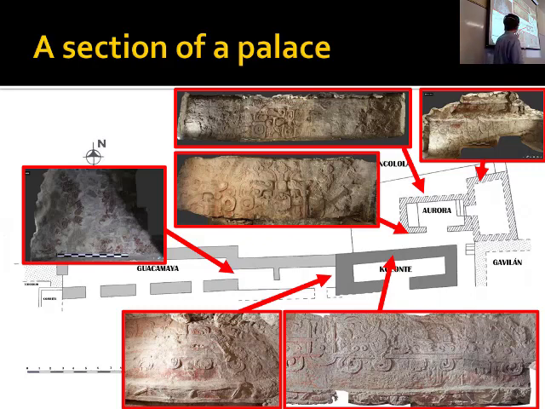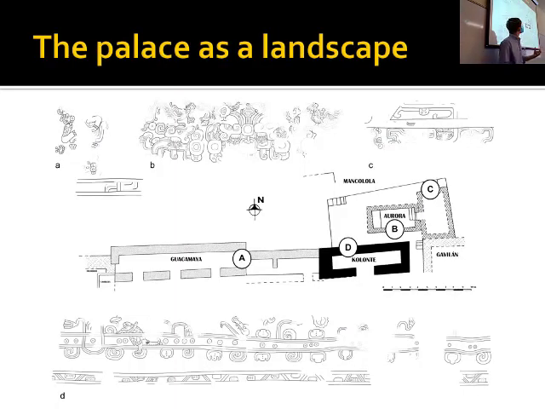And the amazing part is every building in the palace has a different decoration. It's essentially a different place. So the palace is a kind of landscape. You move from room to room, and there is this ocean room, and then there's a room of the place of monkey scribes.